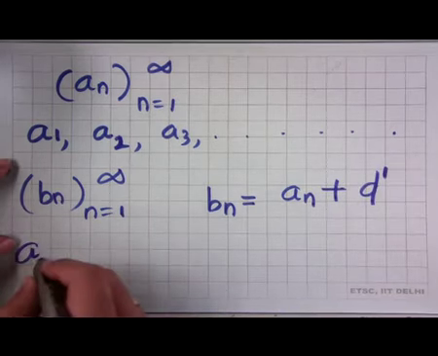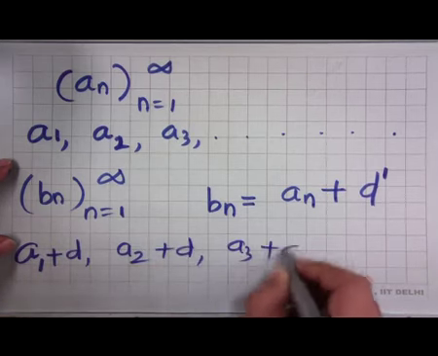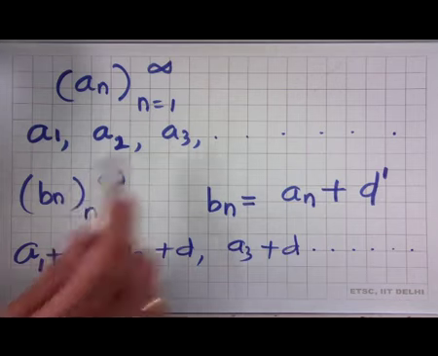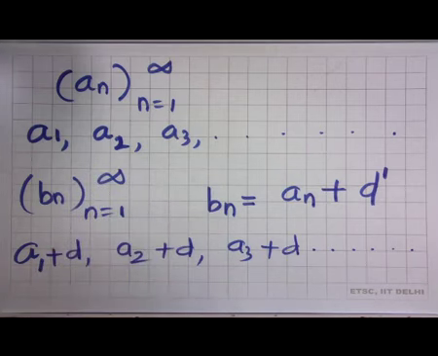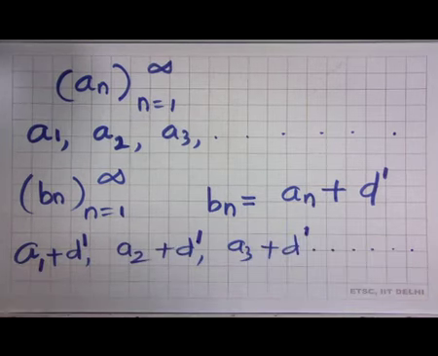That is, we consider a1 plus d dash, a2 plus d dash, a3 plus d dash and so on. And the fact is, if the given sequence a1, a2, a3 is an AP, that means the difference of two consecutive terms remains the same constant, then the new sequence that we constructed remains an AP. That is, the difference between two consecutive terms in this new sequence will also remain the same.